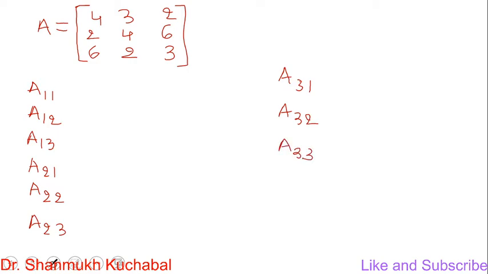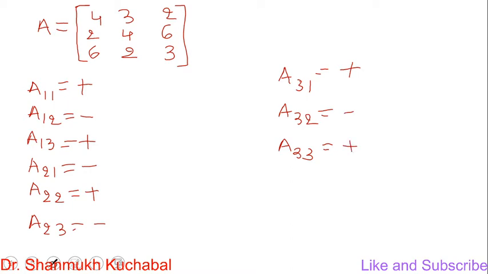So these are all adjoint values here that I am going to write. So we have to mention alternately positive and negative signs: plus, minus, plus, minus, plus, minus, plus, minus, plus.